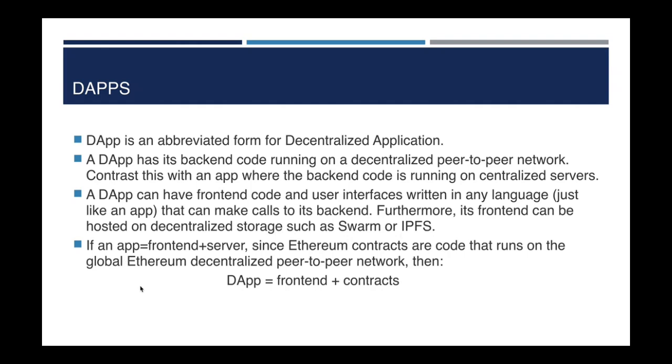So if an app is equal to frontend plus backend, which is a server, since Ethereum contracts are code that runs on the global Ethereum peer-to-peer network, dApps are nothing but frontend plus contracts which are running on a peer-to-peer network.